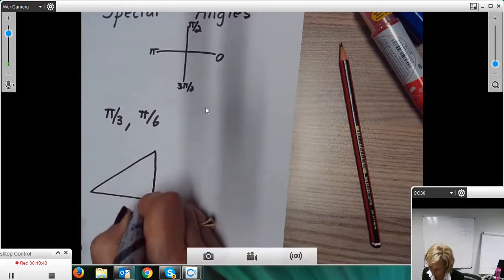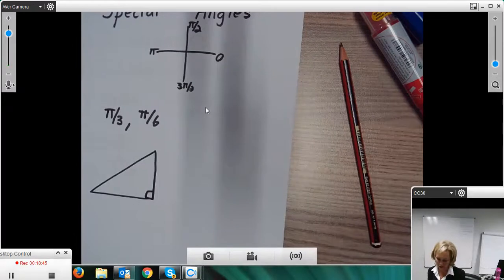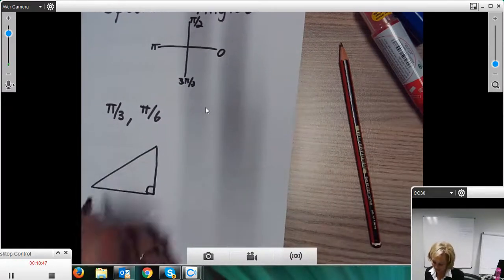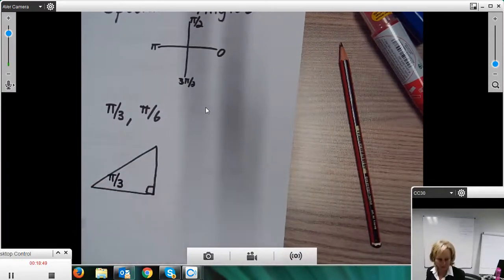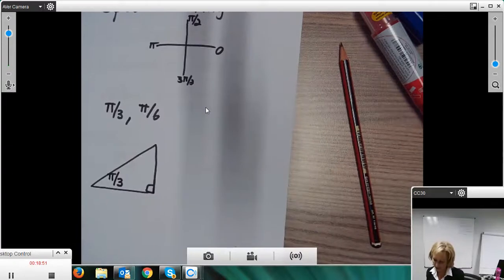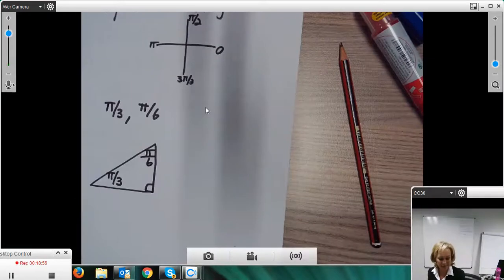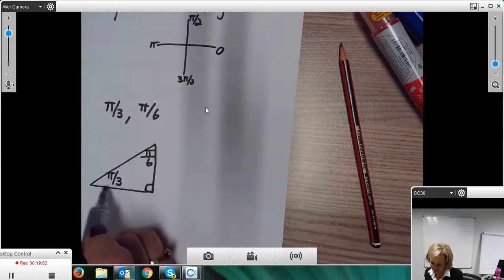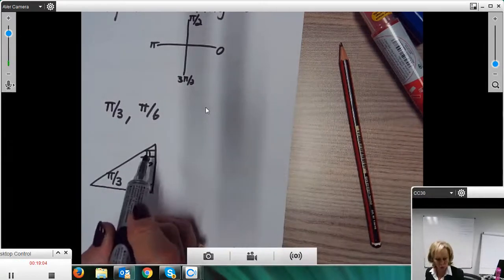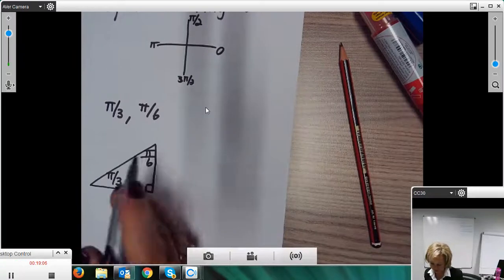Remember we are working in right angle triangles. One of these angles is going to be 60 degrees. Let's put it there. That's pi by 3, which means that as the sum of angles in a triangle is 180, the remaining angle has to be 30 degrees, pi by 6. So pi by 6 is your smallest angle, 30 degrees.